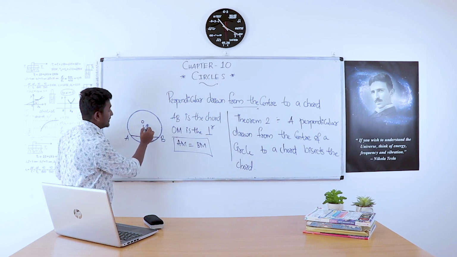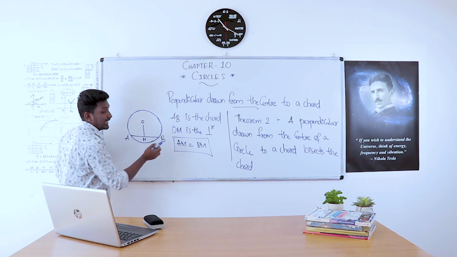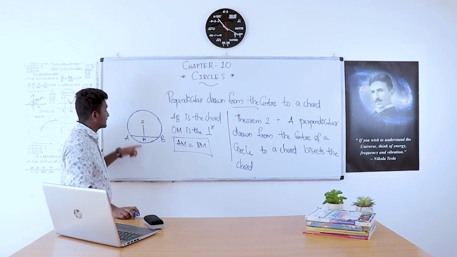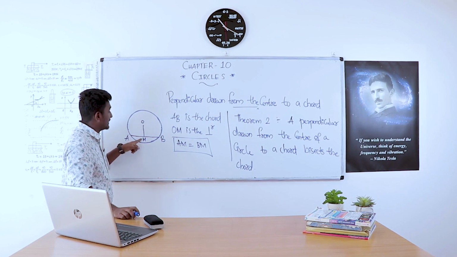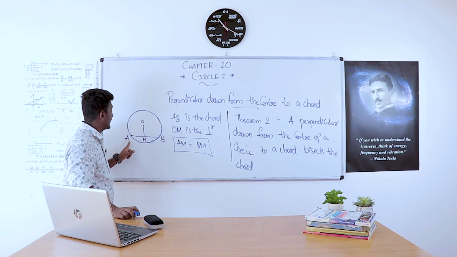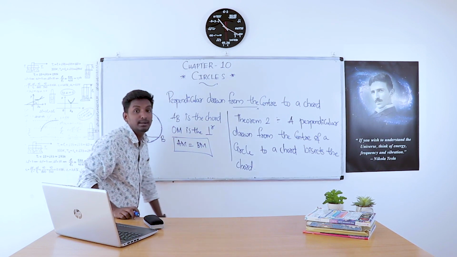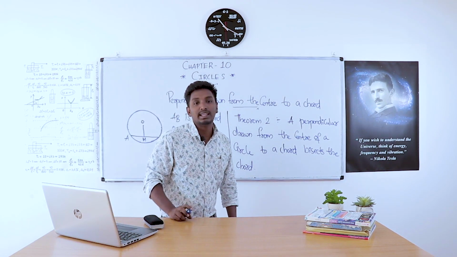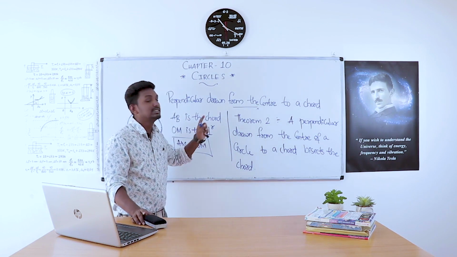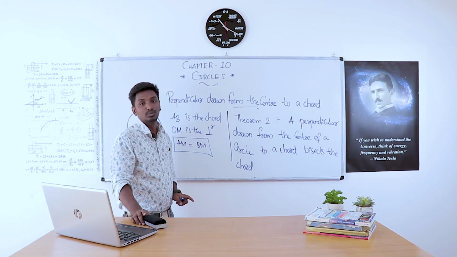Here OM is the perpendicular and AB is the chord. So OM is the perpendicular from the center. This perpendicular bisects the chord AB, which simply means that the lengths AM and BM are equal. This is theorem number 2.